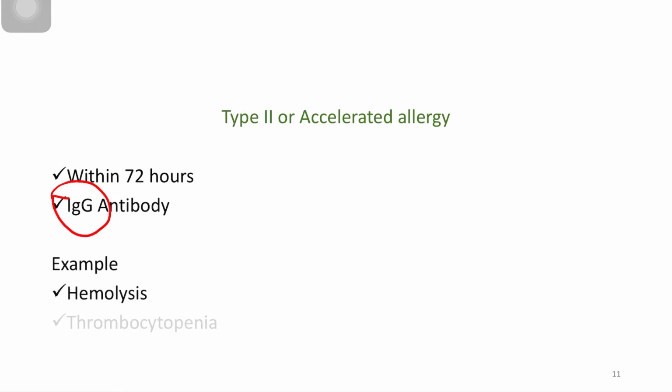An example is hemolysis and thrombocytopenia. Some drugs produce hemolysis, especially in patients with G6PD deficiency, or some drugs produce thrombocytopenia. This takes some time, especially with anti-cancer medications. So this sometimes comes under accelerated allergy.